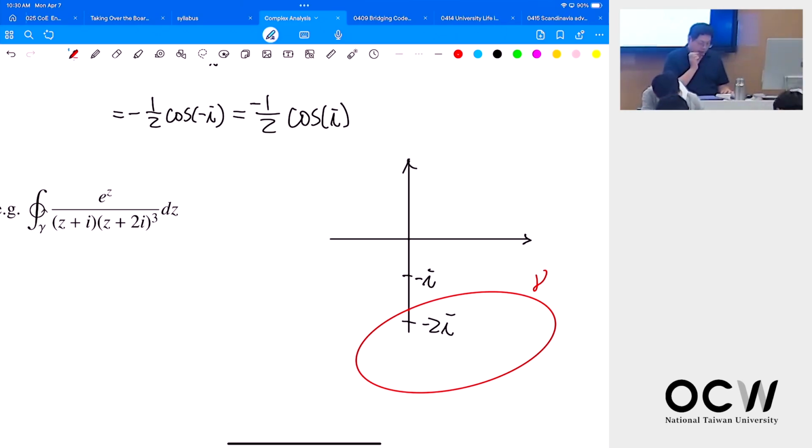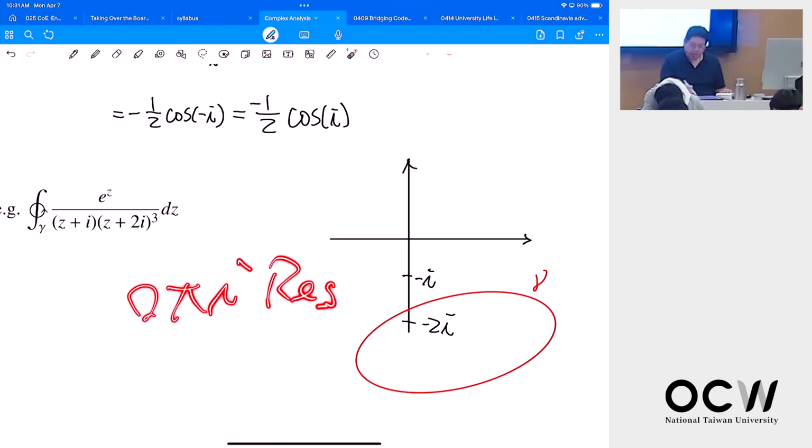And then what are you going to find now? We have a pole at minus i and minus 2i, and then close here, so only minus 2i is included. I only need to find the residue at minus 2i, and then the answer will be 2 pi i times the residue.